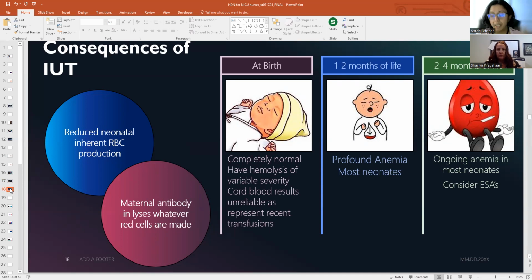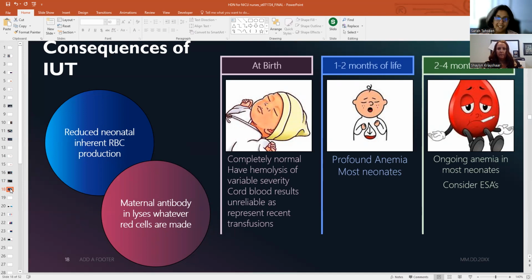But then they will come back between 4 to 8 weeks of life, when the donor red cells have died off, with profound anemia, like hemoglobins in the 50s, in cardiac overload, all of those things. And that can lead to a lot of panic. The other issue is that when you do cord blood testing for these particular individuals, because they have received intrauterine transfusions and most of their blood volume is donor blood, that testing is under that.